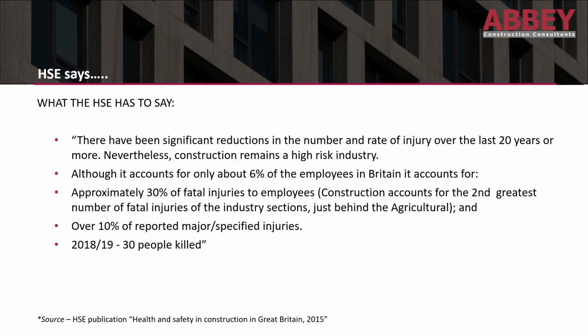Construction accounts for the second greatest number of fatal injuries of any of the industry sectors, second only to agriculture. And over 10% of reported major specified injuries come from the construction industry. In 2018-19, we had 30 people killed working on construction sites. My latest figures, what I've seen today, have raised that figure to 36 fatalities.